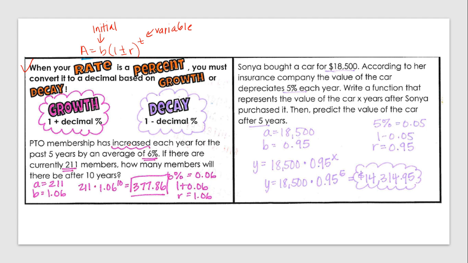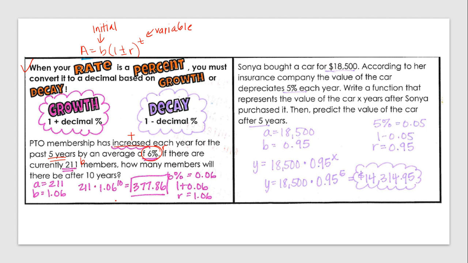So here it says that the PTO membership has increased, so we're going to be adding each year for the past 5 years. There's my time. By an average of 6%. So there's a rate. If there are currently 211 members, there's my initial value. How many members will there be after 10 years?